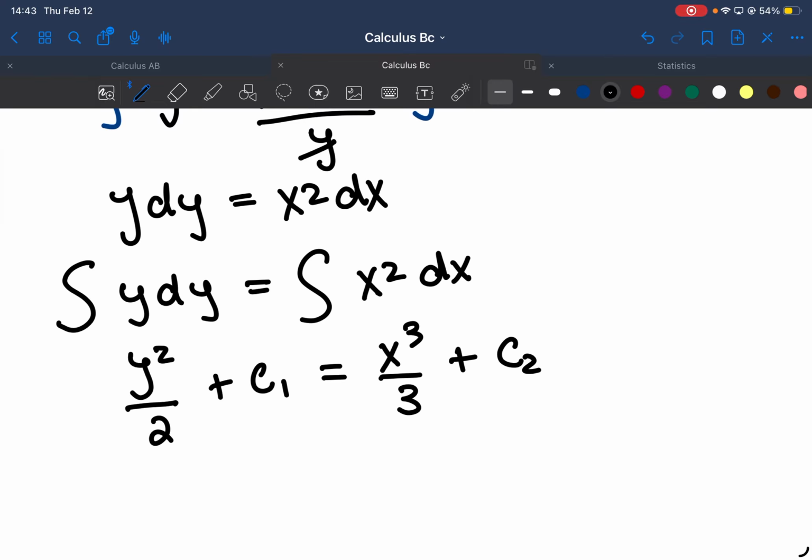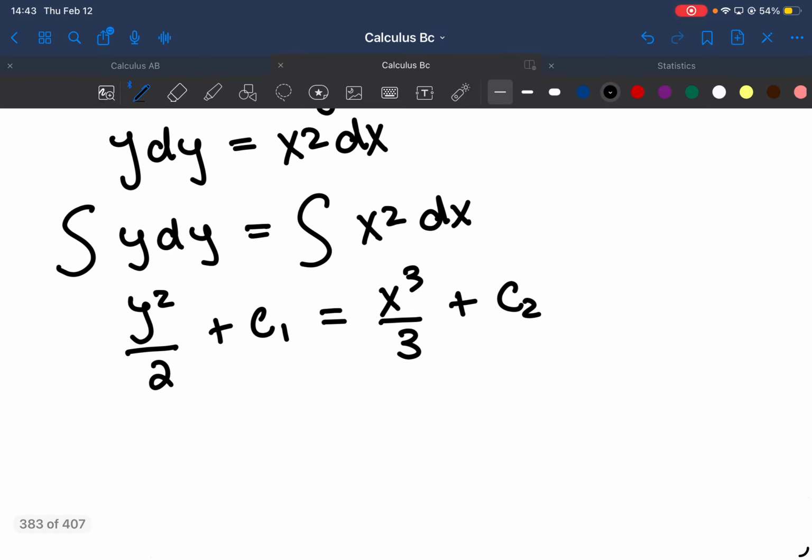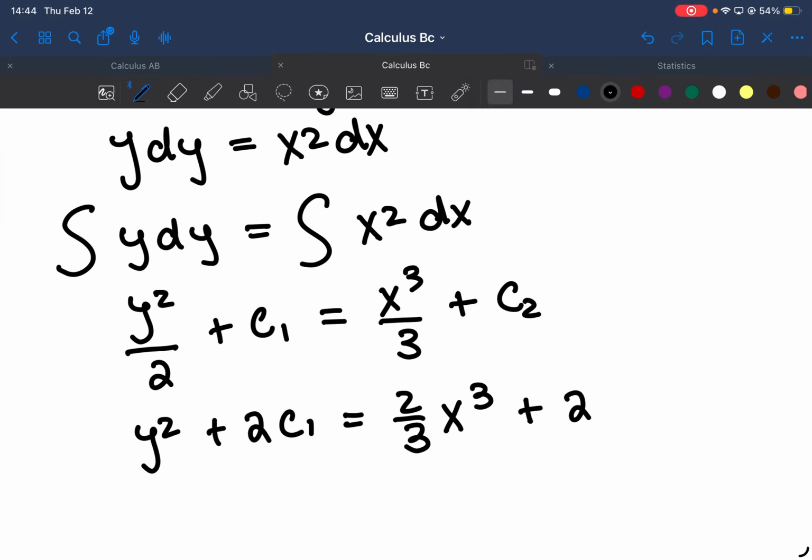The reason why we are separating the c1 with c2 is because these are numerical values. If I say that these are both just c, then it makes the impression that these are the exact same number, which they're not necessarily. So from here, once I have everything integrated, I am going to get y by itself. First I am going to multiply everything by 2 to get rid of that 1/2. So I get y squared plus 2c1 is equal to 2/3 x cubed plus 2c2.